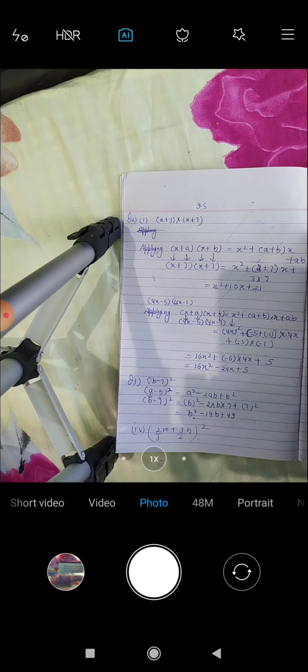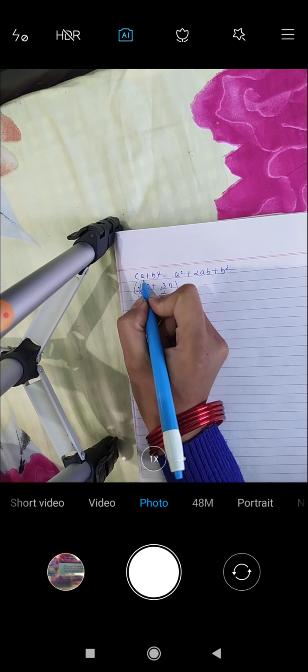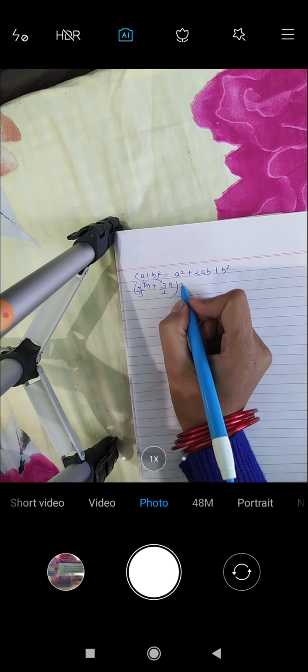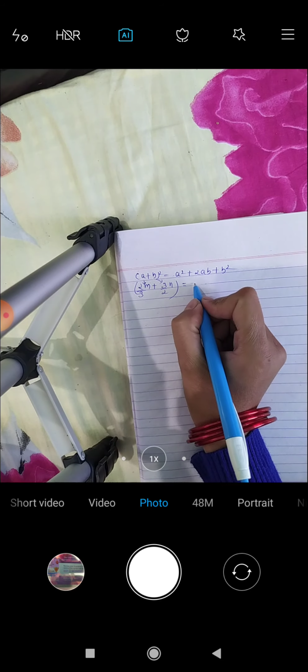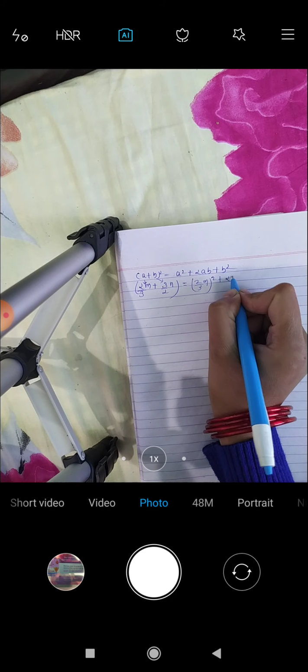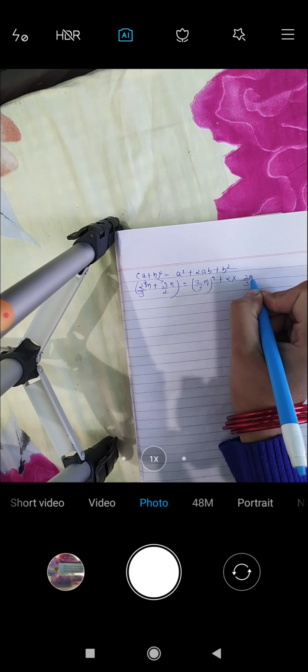So here in place of a we have 2 upon 3m, and in place of b we have 3 upon 2n. After substituting this value in our identity, we have (2/3m)² + 2 multiplied by 2/3m multiplied by 3/2n + b², means (3/2n)².